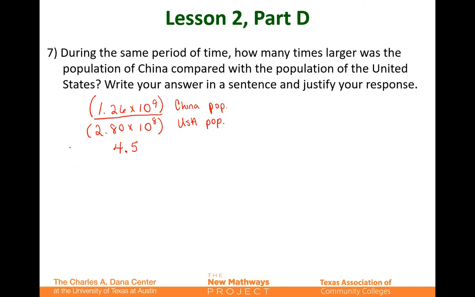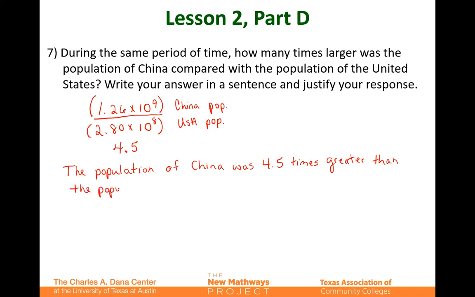Write your answer in a sentence. The population of China was 4.5 times greater than the population of the United States from 1997 to 2001.